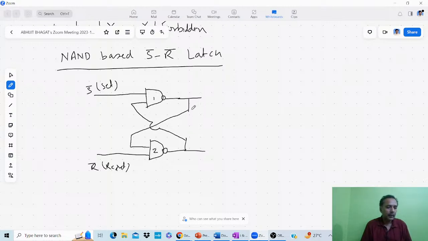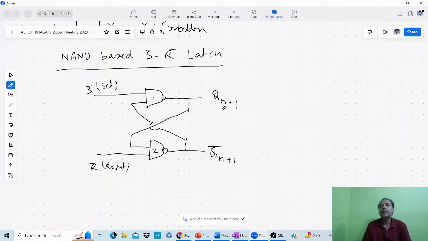Okay, here this is Q. Either you can write down Q or you can write Qn plus 1, or it is Qn plus 1 bar.